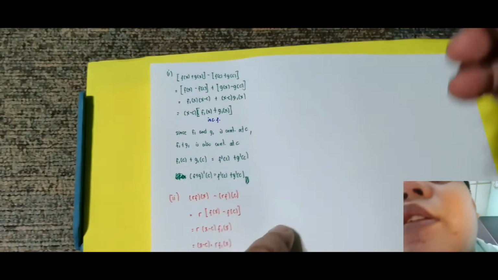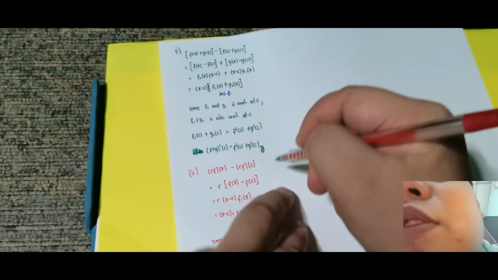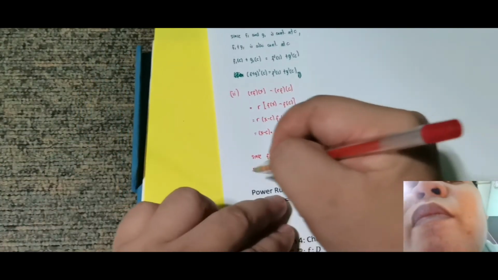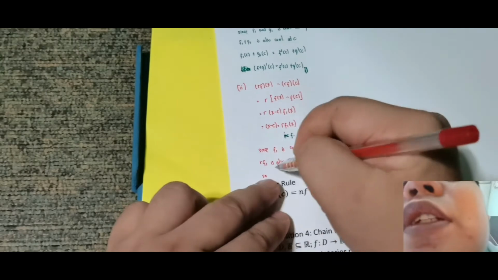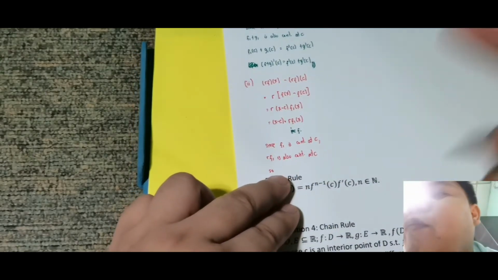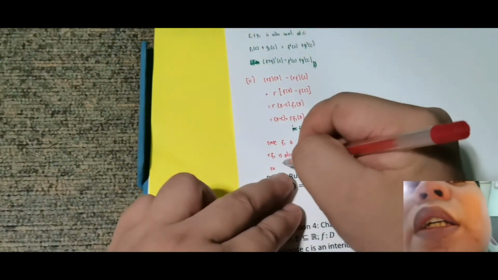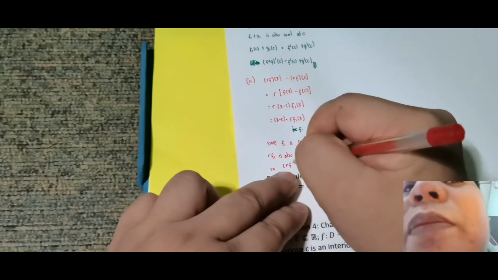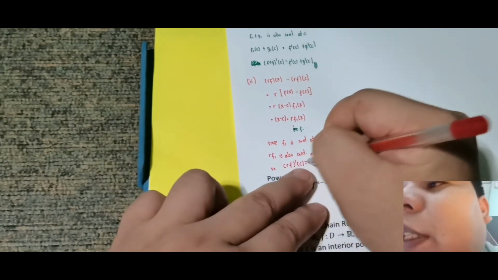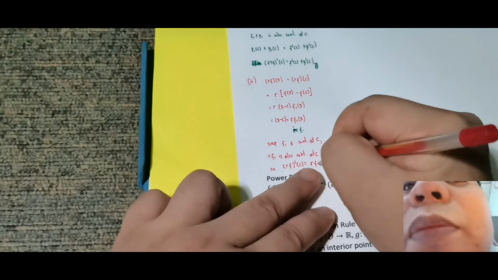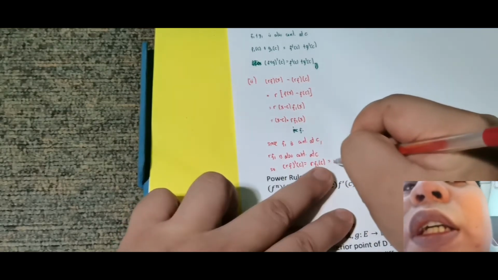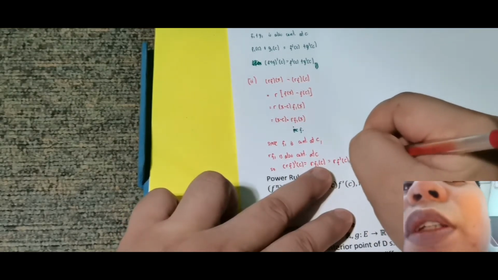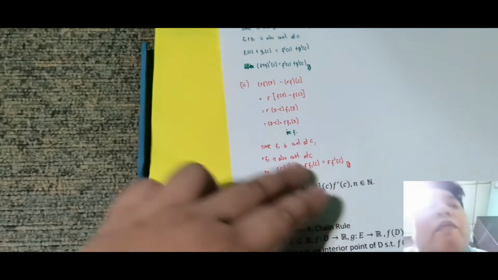So pwede natin kunin si r f sub 1. So therefore (rf) prime of c is equal sa r f sub 1 of c, or simply this is (rf) prime of c. Okay, and that is done. Okay, so ganun yun nangyari.